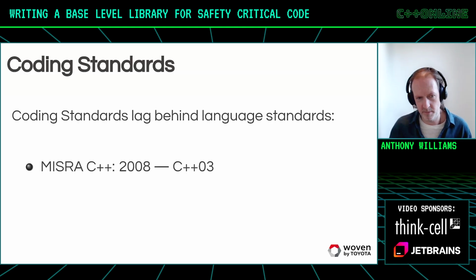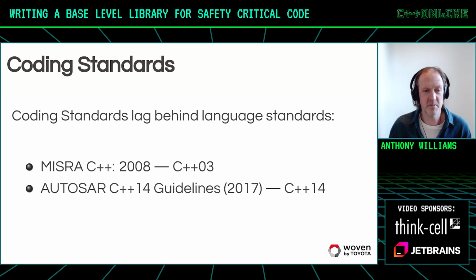So, for example, the first MISRA C++ standard came out in 2008, and that covered the C++03 standard. So that was 5 years after the standard was published. The C++14 guidelines published by AutoSAR came out in 2017. So that was only 3 years after C++14 came out. So that's not too bad.